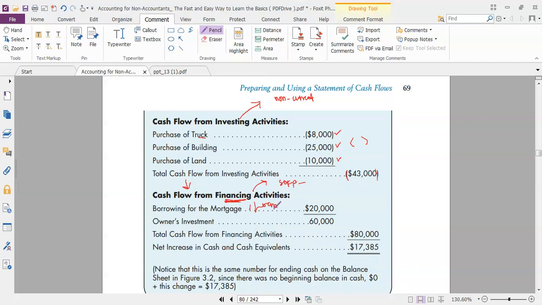We got the money from there, 20,000. And then we add the investment by the shareholders, 60,000. So the total cash flow from financing is 80,000.